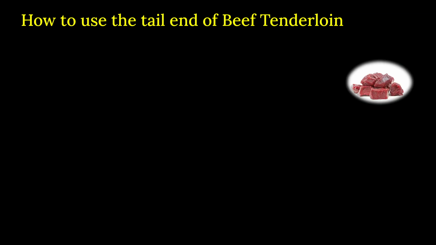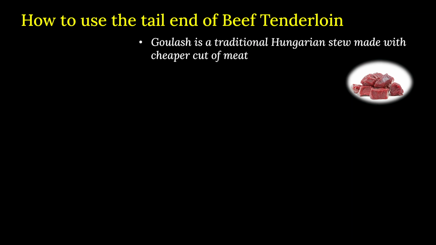This tail end can be cut into chunks of this kind. You can see the image, and we can prepare a particular dish out of this, known as goulash, a traditional Hungarian stew made with cheaper cuts of meat. In that case we use the end part of the fillet, cut into chunks.